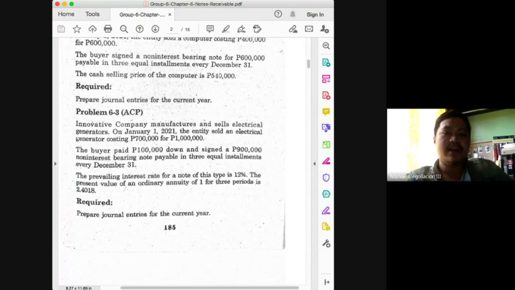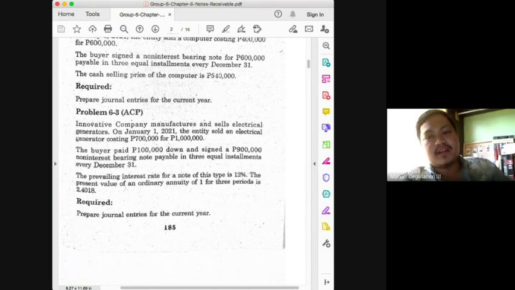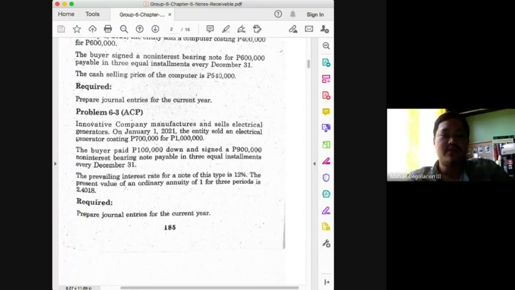But the value of that 900,000, which we will ultimately get within a 3 year period, will not be 900,000 if reckoned today. We expect that the 900,000 that we will receive in total for the next 3 years will not be worth 900,000 today. Because again, there's a presumed inclusion of interest in those amounts.